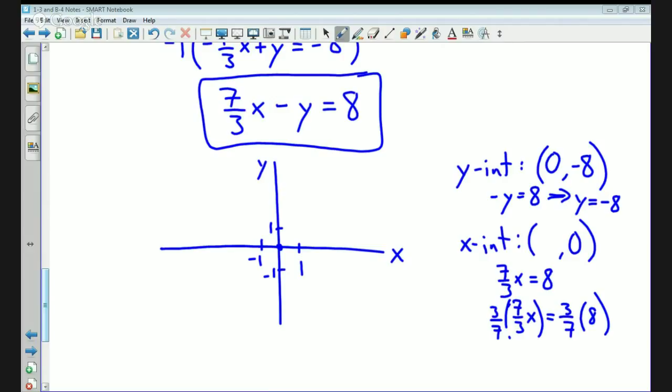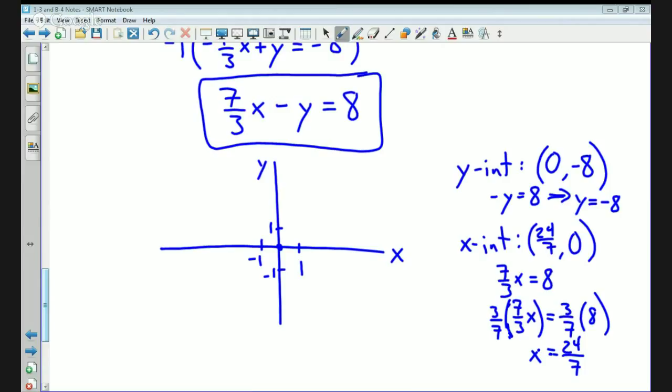And we'll just get x, because we'll have 21 over 21, or if you think about it, everything just cancels out and you're left with 1 over 1. Anyway, you end up with an x. And then on the right side, we'll have 3 times 8, or 24 over 7. So x will be 24/7, and that'll be our x-intercept.